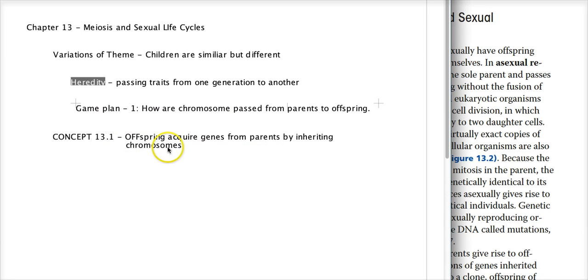Now this is the first concept. The game plan was to cover this, so we're going to cover this. But how is this going to be covered in the book? It's got a couple different subtitles: inheritance of genes, comparison of asexual and sexual reproduction. So it's got 2 subsets.